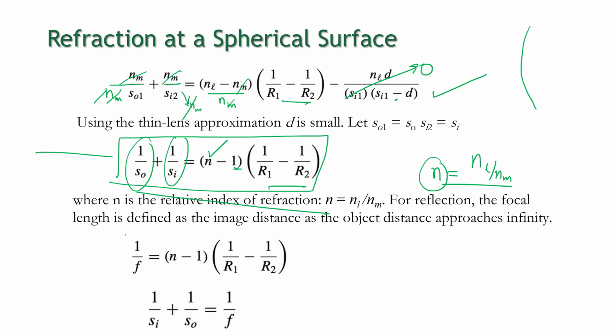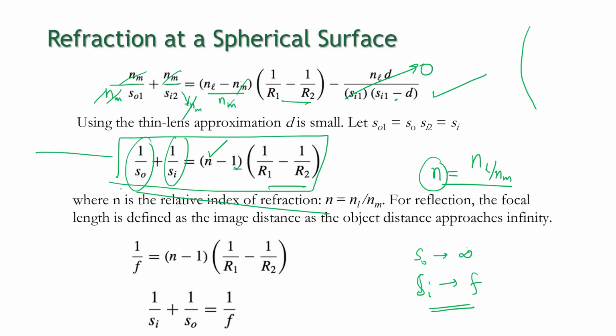One more step, and then we also know that when we place an object at infinity, when S naught is at infinity, the image is formed at focal length. SI would be at focal length.